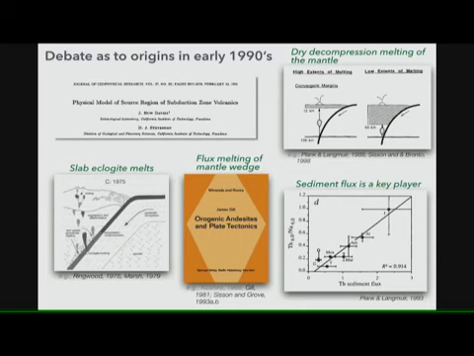So we have really nice examples of studies that show there's evidence for the slab, particularly oceanic crust eclogite, melting to produce the range of compositions that we see in the literature at the time.